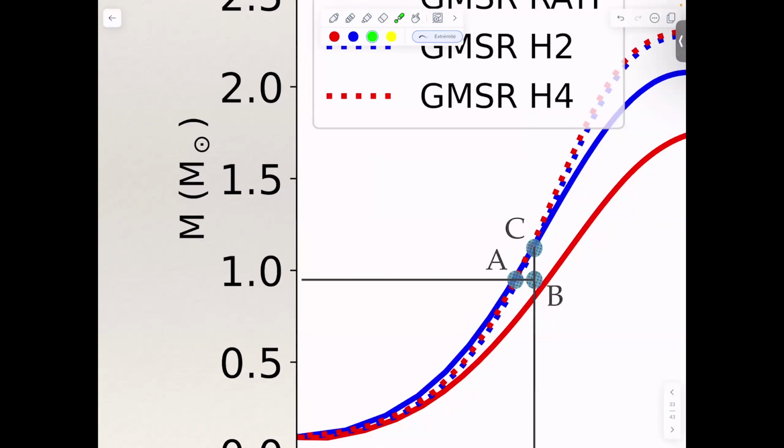B is not on the red curve. It's just a fictitious non-equilibrium solution. It is not at equilibrium for the equation of state I consider, because B is not on the blue curve, and the blue curve are all equilibrium solutions.